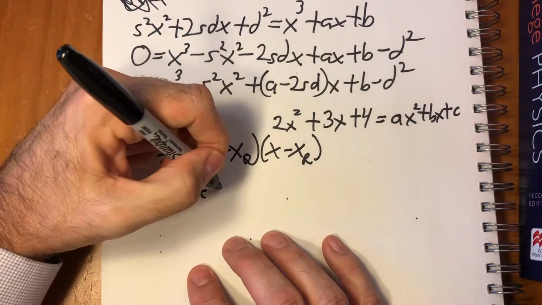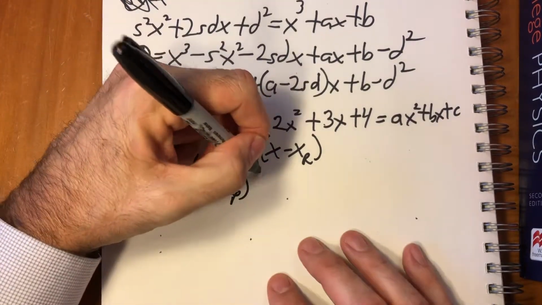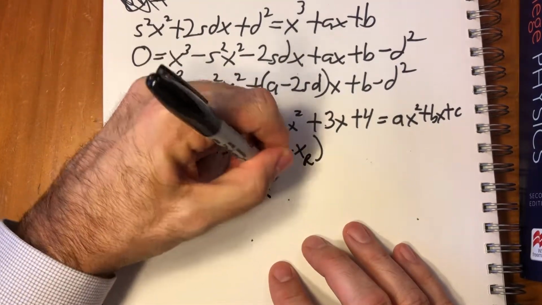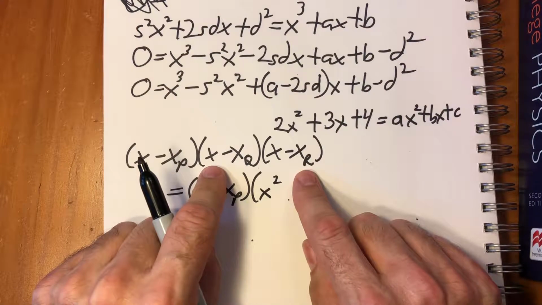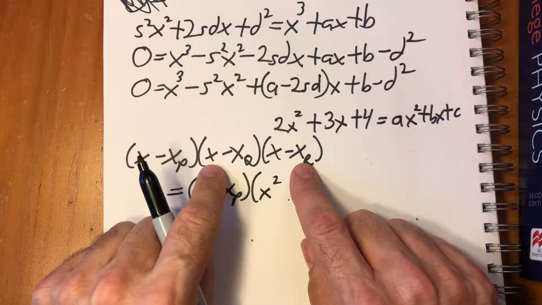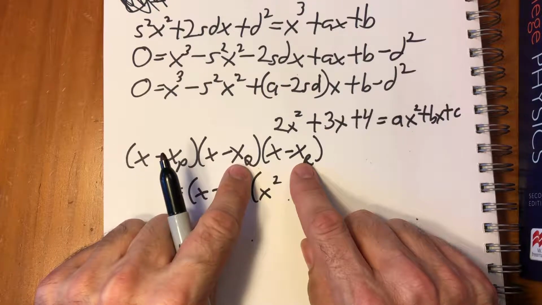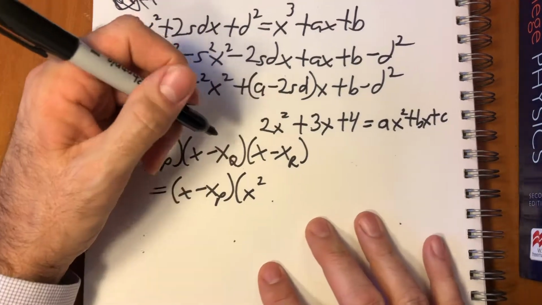So x minus xp, and then x squared minus x. Oh, we're just going to have to keep that separate.